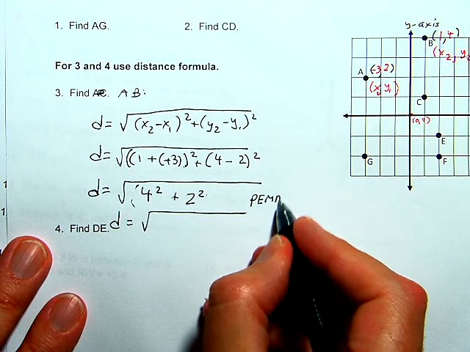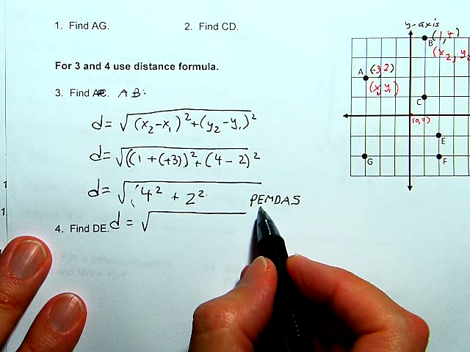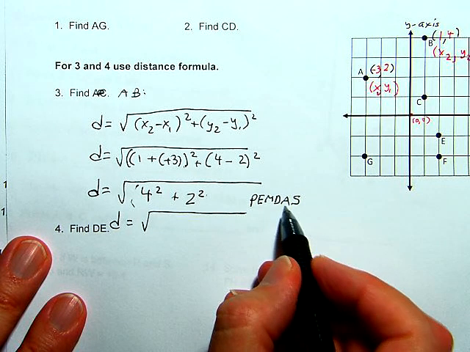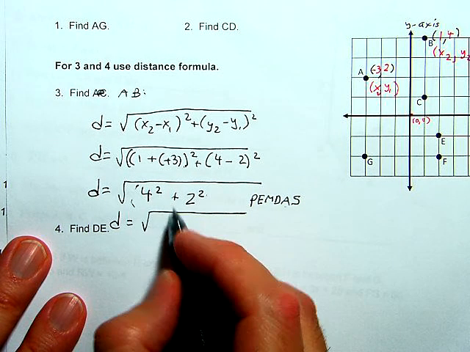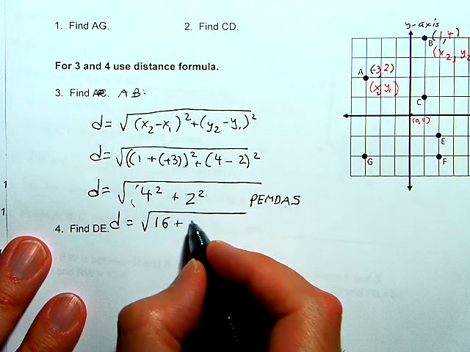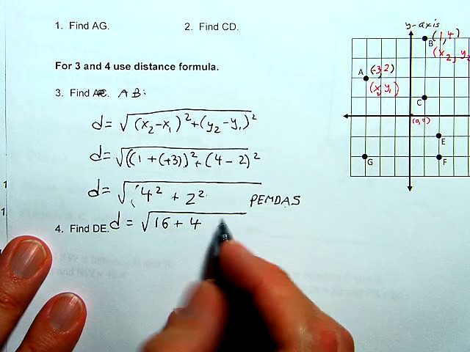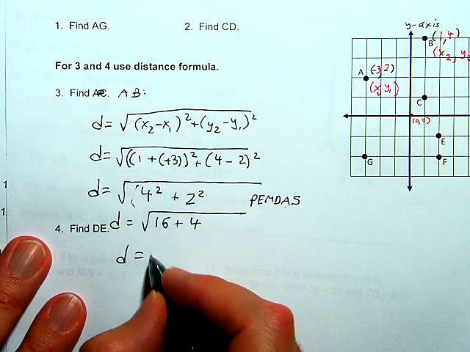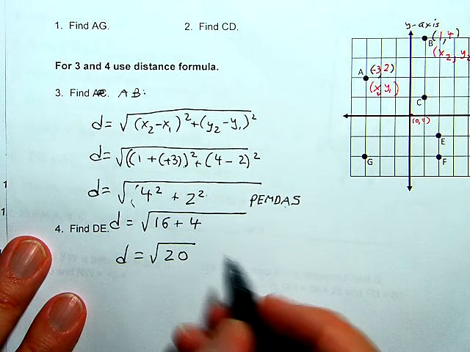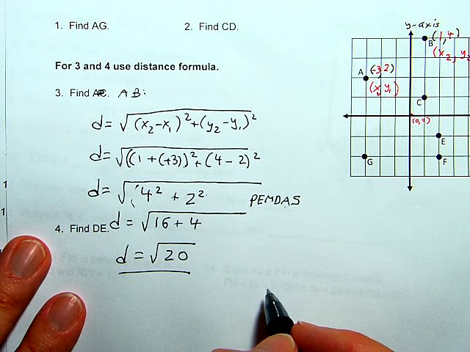Please excuse my dear Aunt Sally, PEMDAS, you may remember that. So 4 squared we have to do first is 16. 2 squared we do next is 4. Now we add 16 plus 4, we get 20. We get D is equal to the square root of 20, and that is our answer. That is our distance. The distance is the square root of 20.